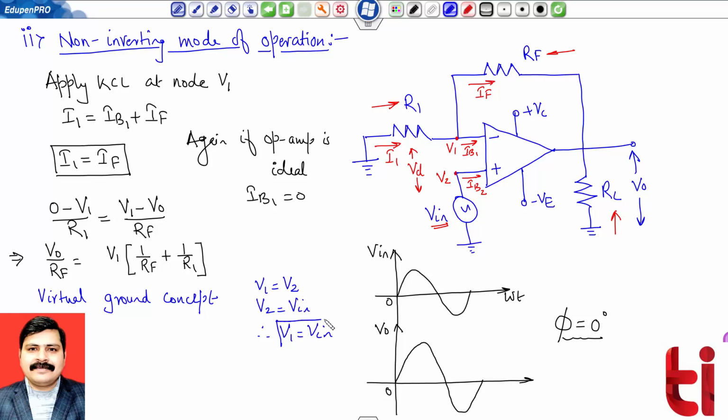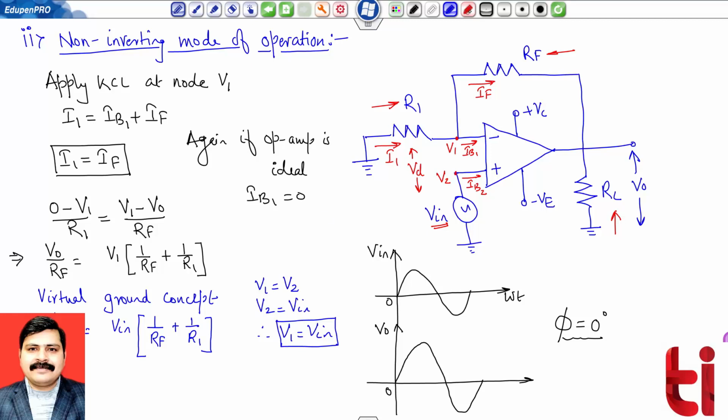So virtual ground is saying that even though we have applied the input voltage at V2, V1 will also take a similar value, so that Vd will be equal to 0, making the voltage gain in open loop configuration 0, sorry, infinite. So V naught upon RF will be equal to Vin times 1 upon RF plus 1 upon R1.